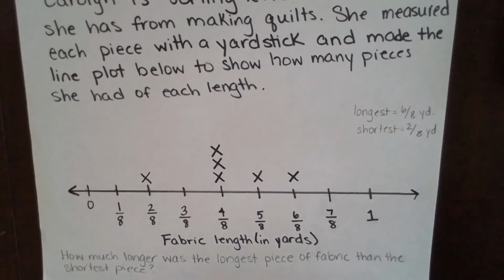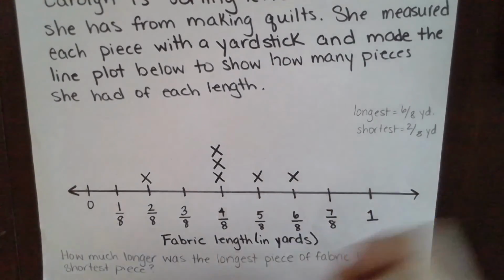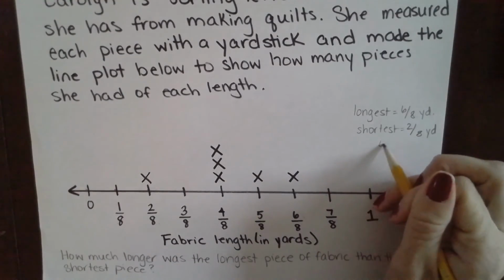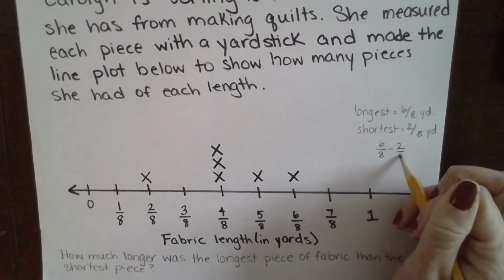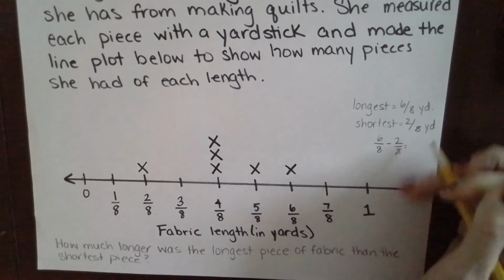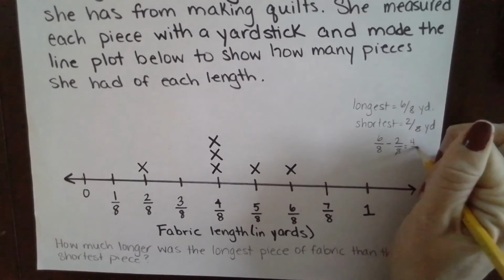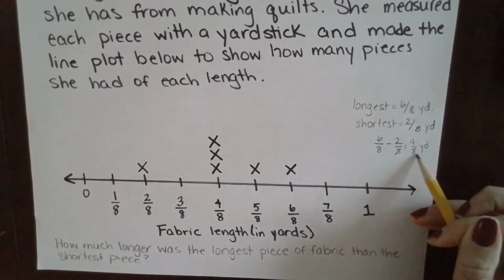And so I find the difference between the longest and the shortest. So we're going to do 6/8 of a yard minus 2/8, and that leaves us with 4/8 of a yard difference.